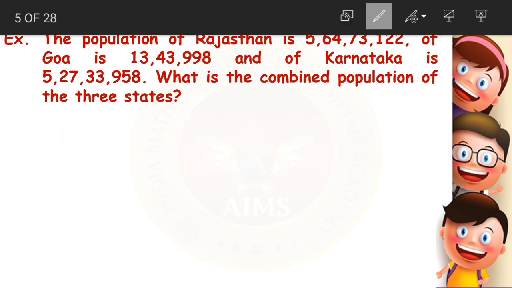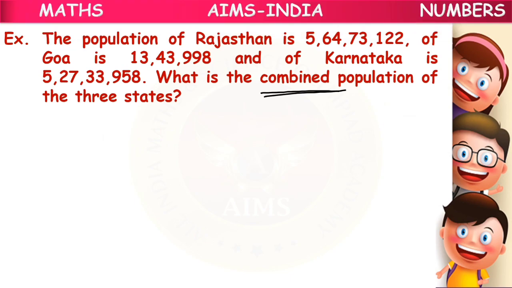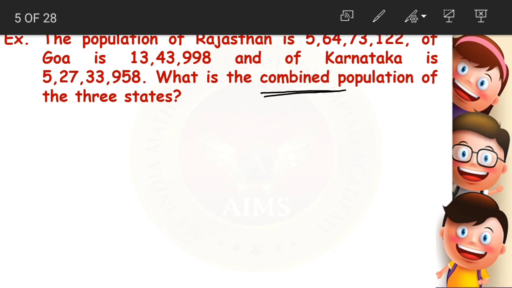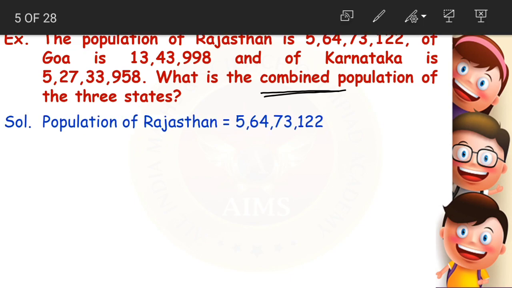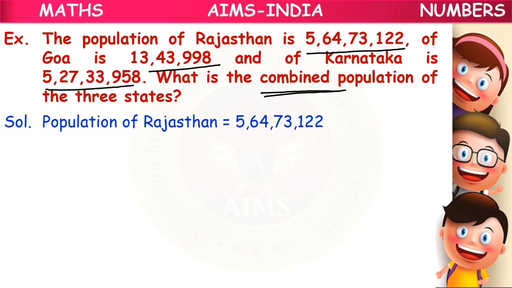What are they asking? They are asking us to find out the combined population. When I say combined or a combination, what do we mean? We mean mixing them or adding them together. So what should we do here to find out the answer? We should add all the three populations together.